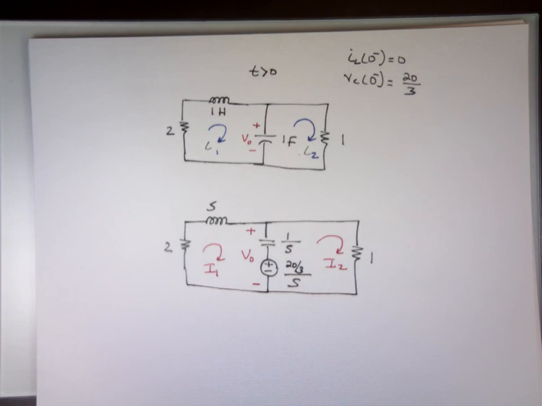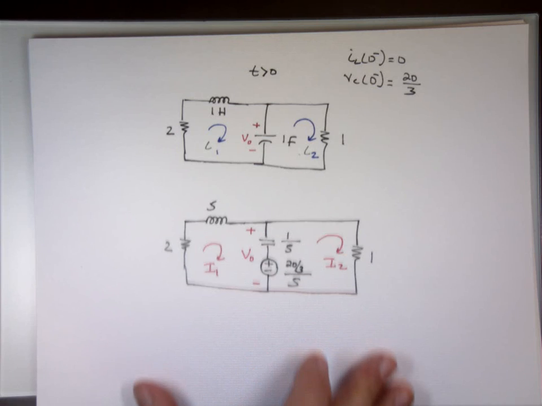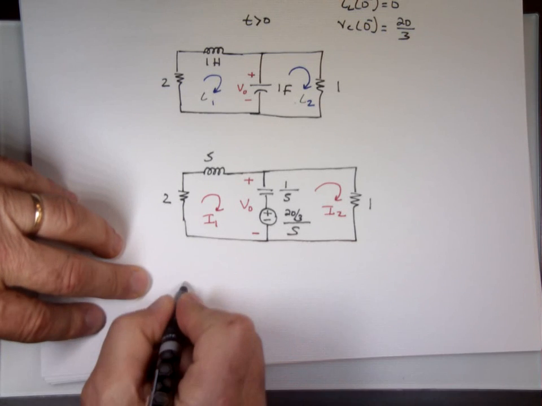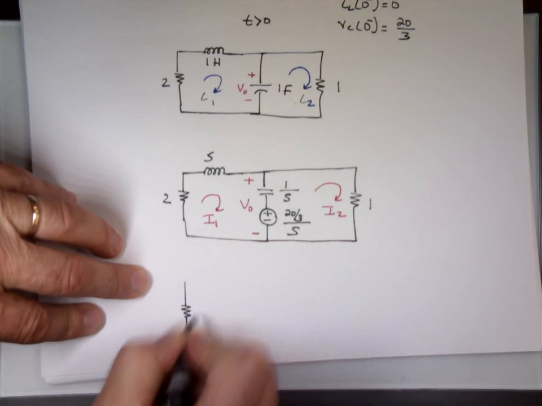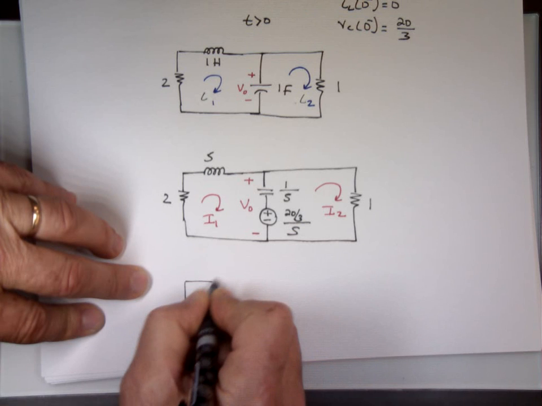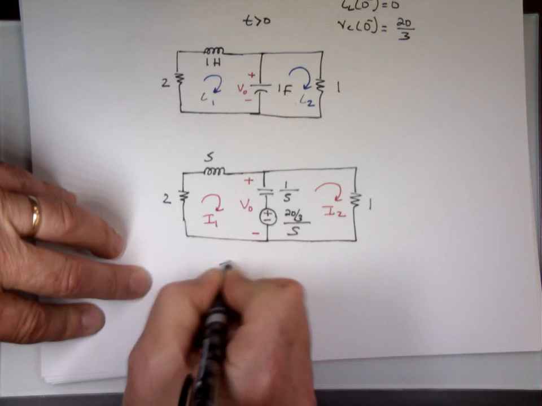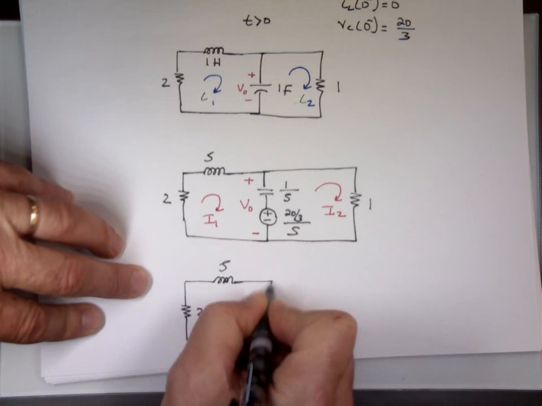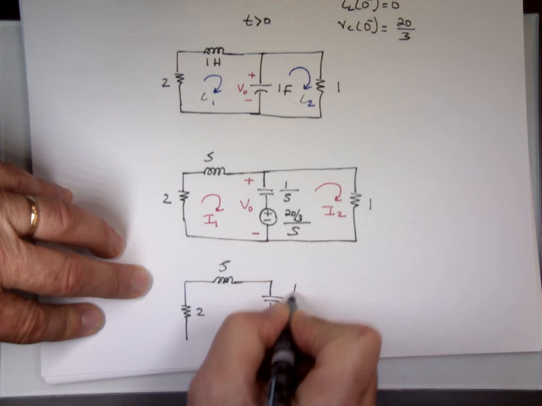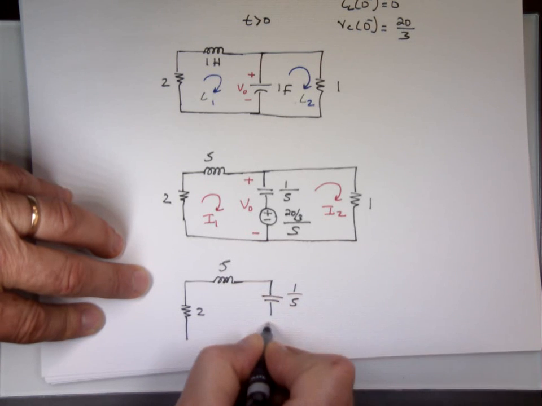Again, if I clean it, S, 1 over S, what's that, 20 over 3S? Yep.